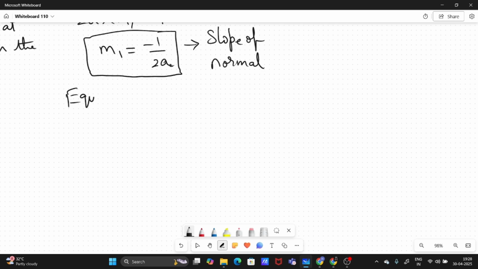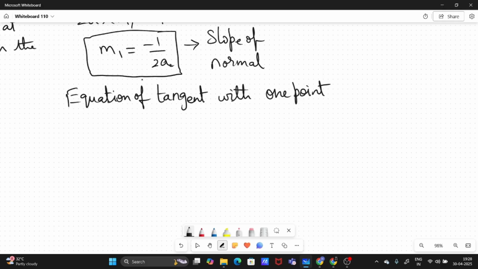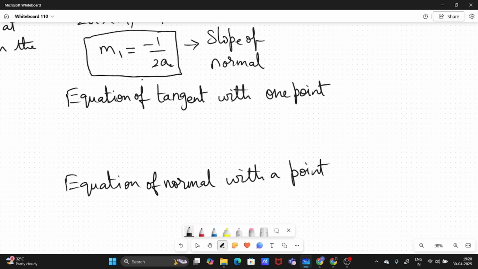Do you know the equation of tangent formula? If you know the equation of the tangent with one point, you will be able to find the equation of the normal with the same point. Let me write this. The equation of tangent is y minus y1 equals m times (x minus x1).